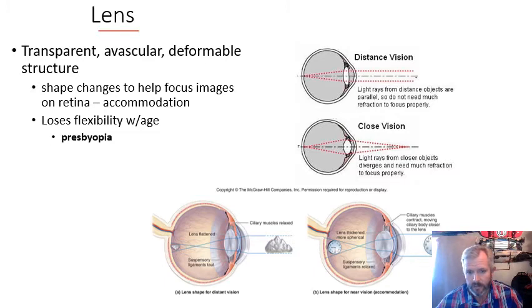We have these ciliary muscles that are here. The ciliary muscles are round in shape, and they are connected to these suspensory ligaments that are connected to the lens.